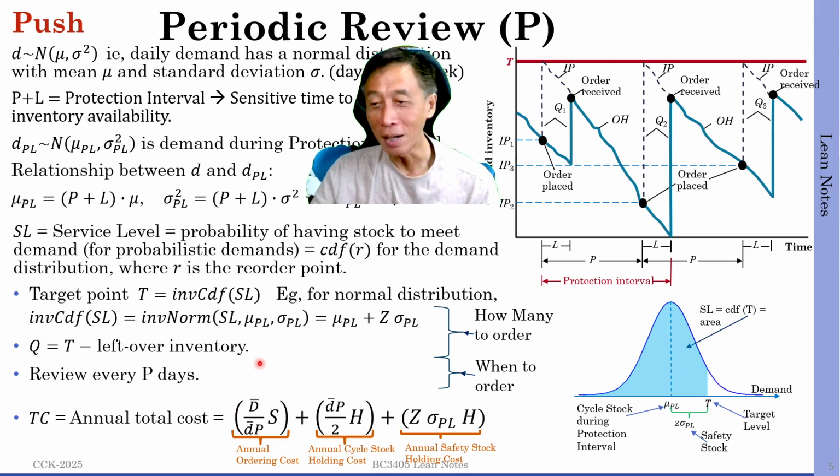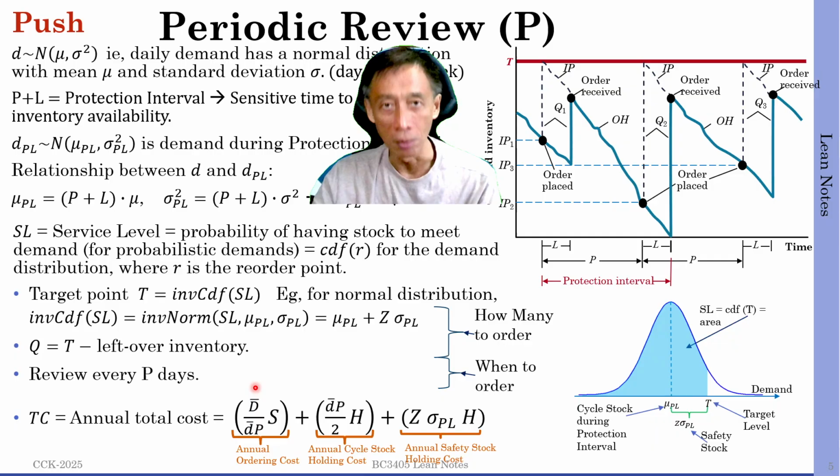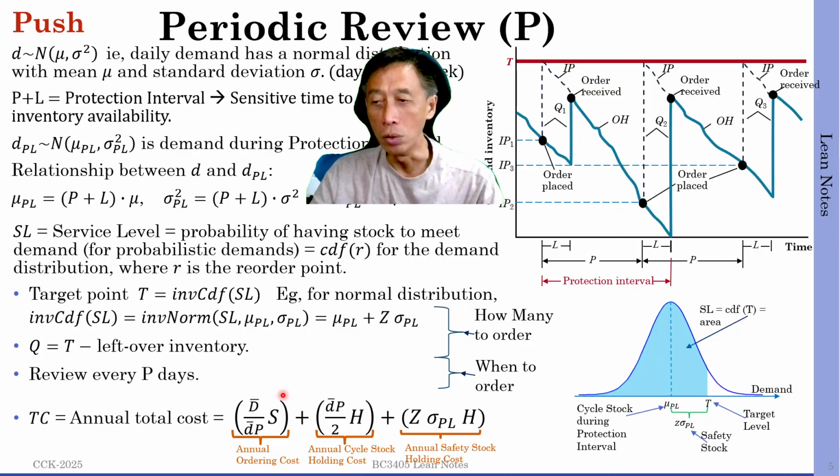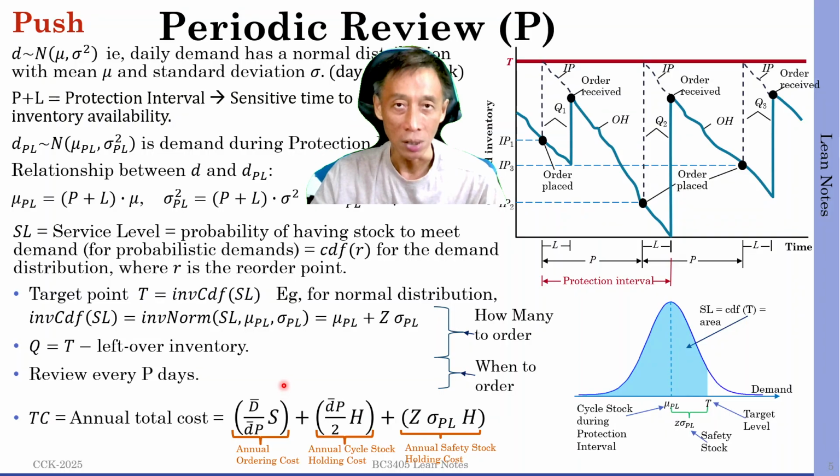And so by now you can recognize that all models will give two formulas as guidance, right? When to order, how many to order. And then as a result, there is an annual total cost that will, in the case of fluctuating demand, give us an estimate. I'm not even going to say that it's an average because it may not even be an average.